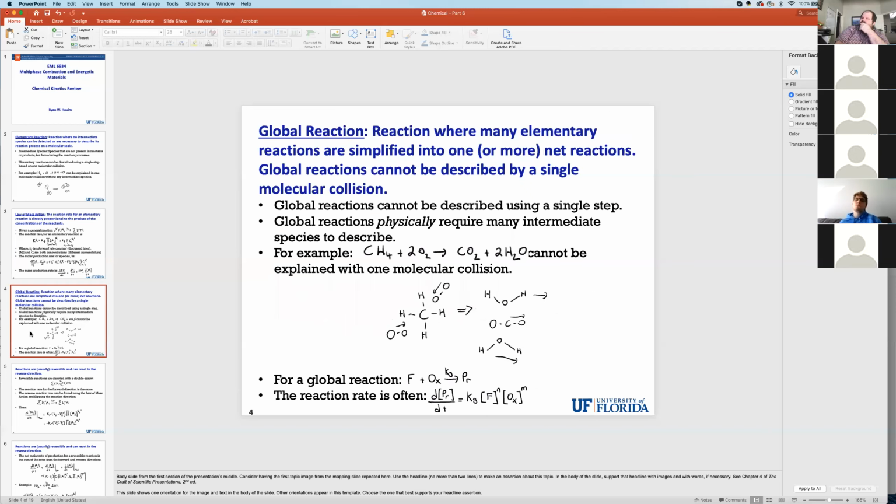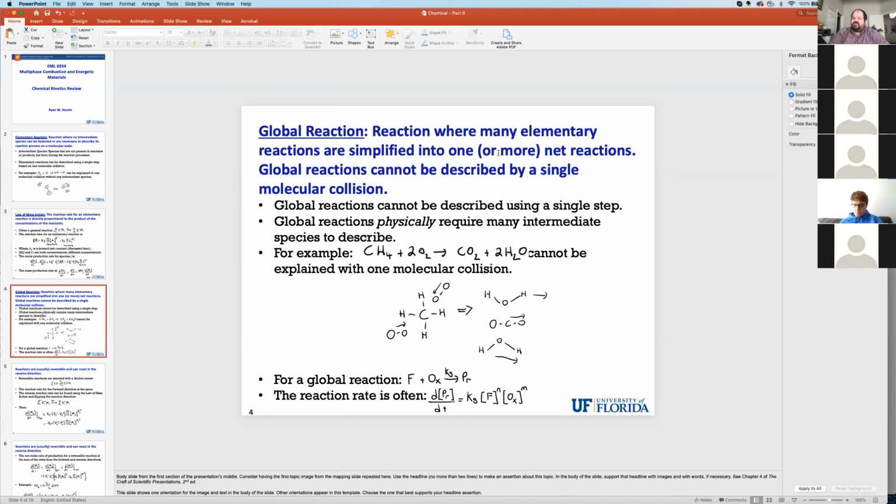Now a global reaction, and you'll sometimes see these, they're sometimes called simplified reactions or global reactions. It's a reaction where many elementary reactions are simplified into one or more net reactions.